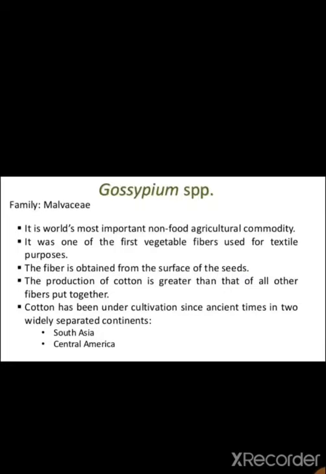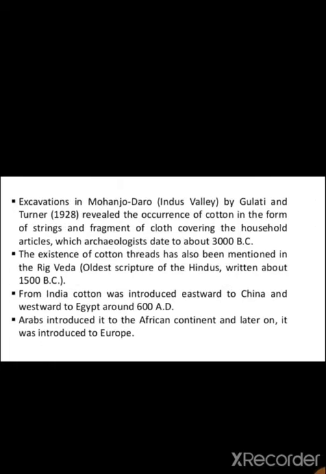Cotton has been under cultivation since ancient times in two widely separated regions: South Asia and Central America. The brief history of cotton cultivation: excavation in Mohenjo-daro, Indus valley, revealed the occurrence of cotton.